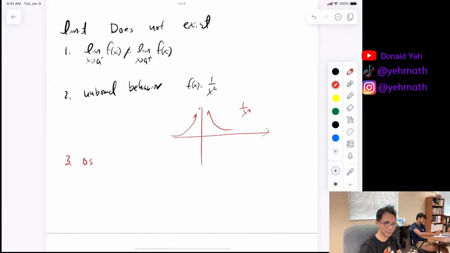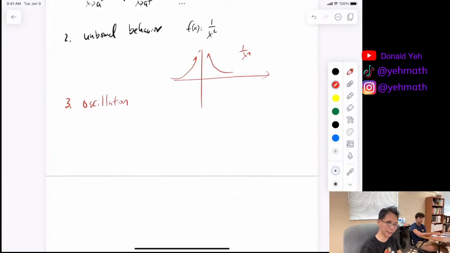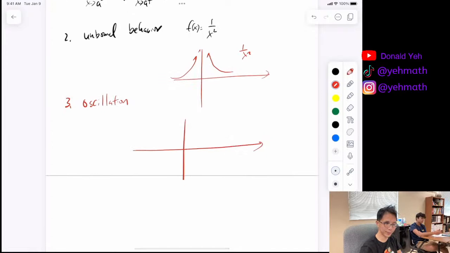It's called oscillation. Oscillation is a very cool thing. So oscillation is going to look like something like this, and this graph is going to be like this in particular.